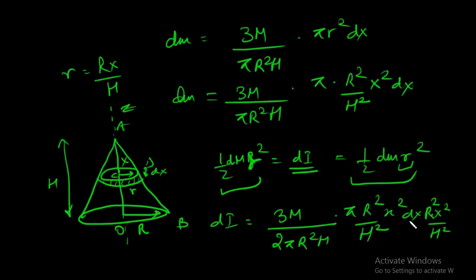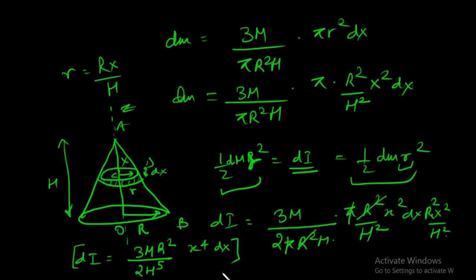So R square gets cancelled out, and pi also gets cancelled out. dI becomes 3 by 2 times m over h, and h square times h gives h to the power 5, times R square times x to the power 4 dx. This is the elemental moment of inertia.